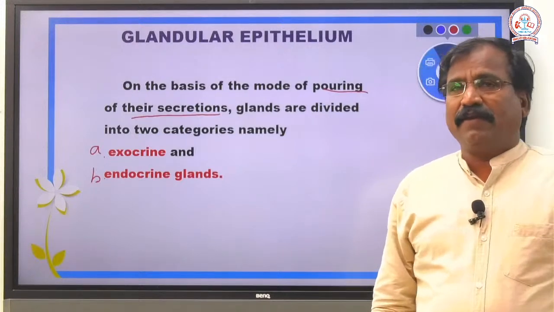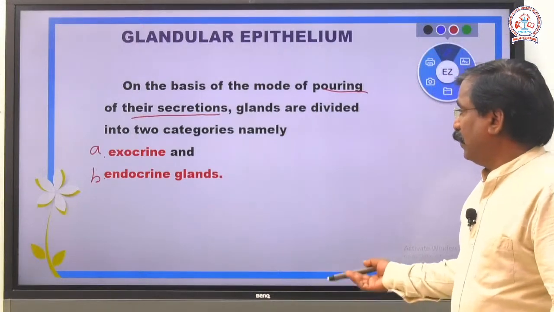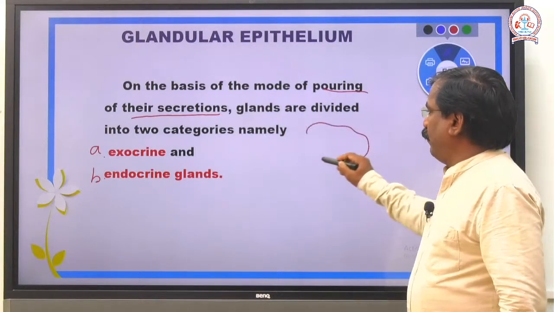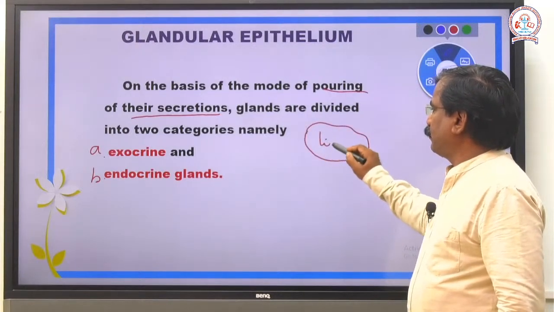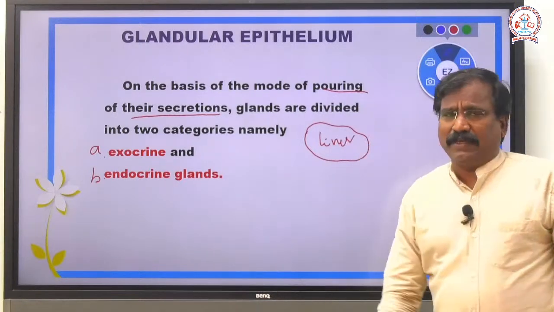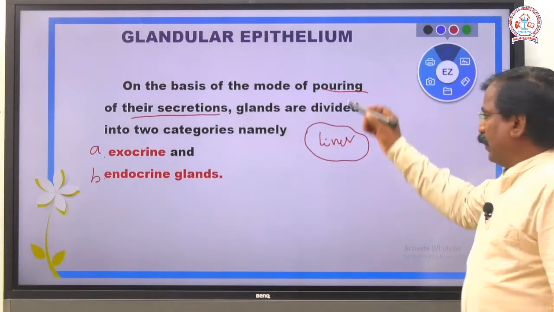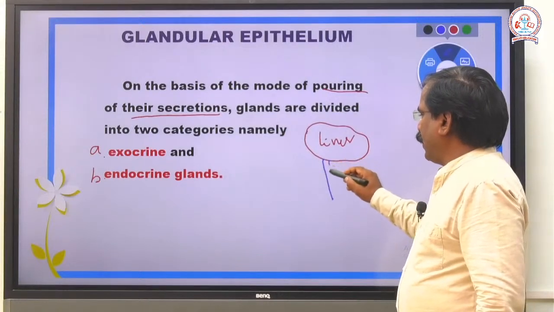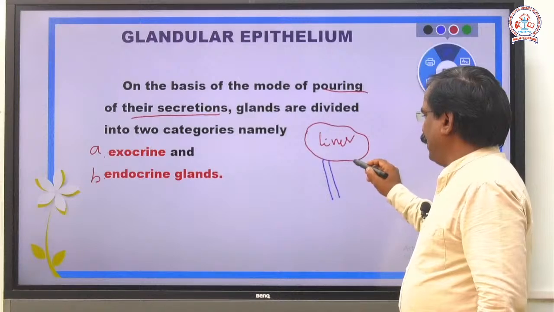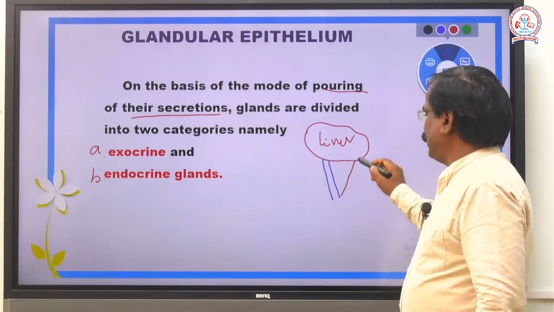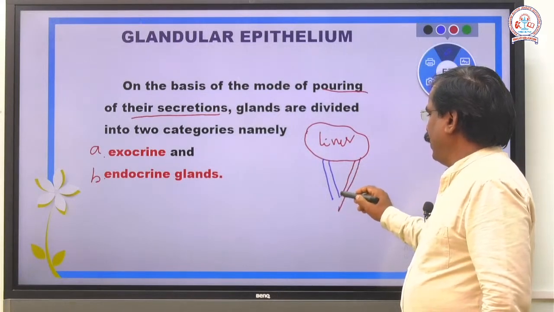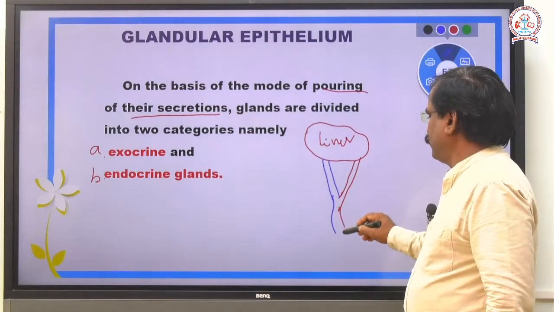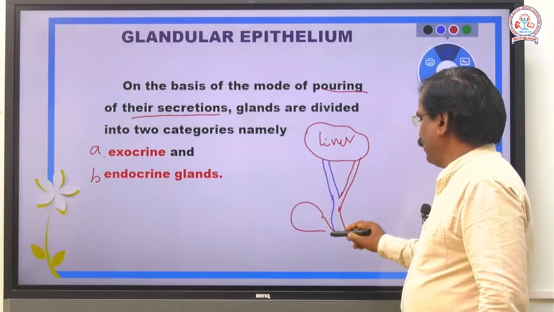Both are glands. Listen, take the liver. The liver secretes bile juice. That bile juice is carried through a duct, the bile duct. The gall bladder is different.